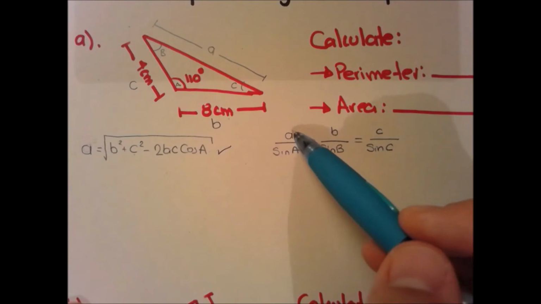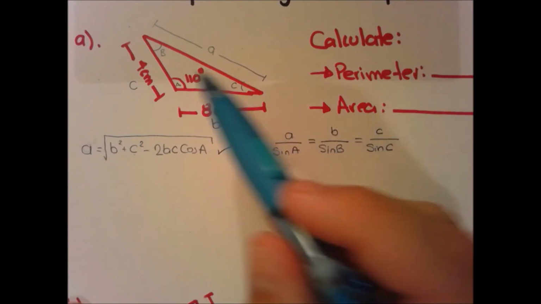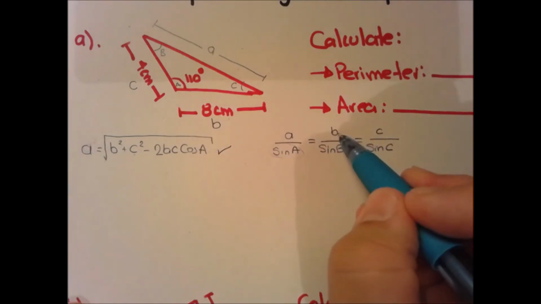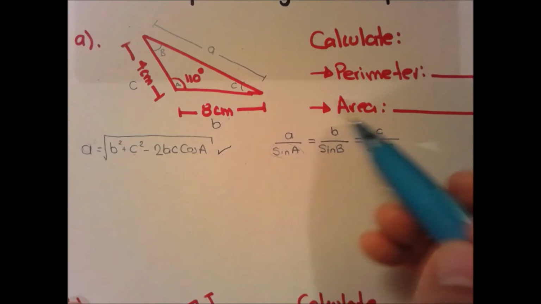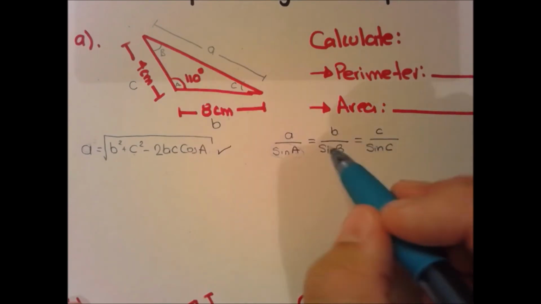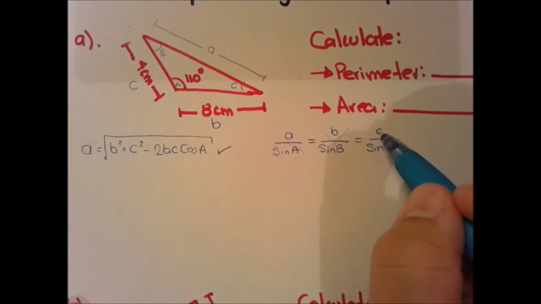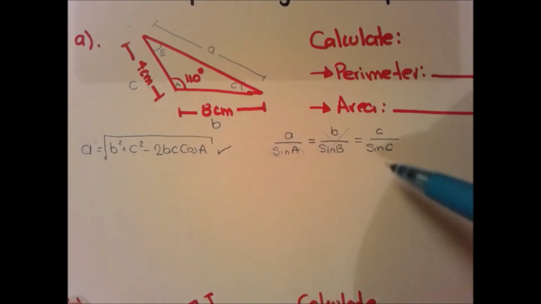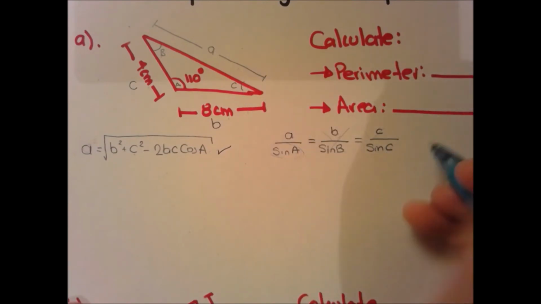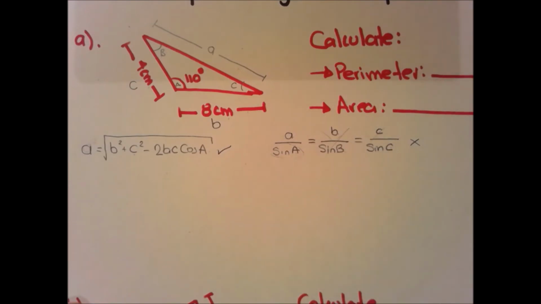It's the one that we want to calculate. A, capital letter, we have it. This is the data we have. b, we have it. But B, capital letter, we don't have it. So I cannot use this one. In that case, c I have, but C, capital letter, I don't have. I cannot use this one. So it means that I cannot use the law of sine. In that case, I'm going to use the law of cosine.